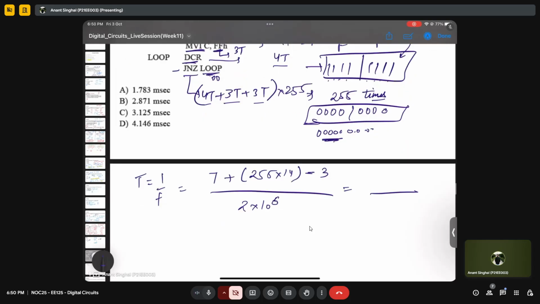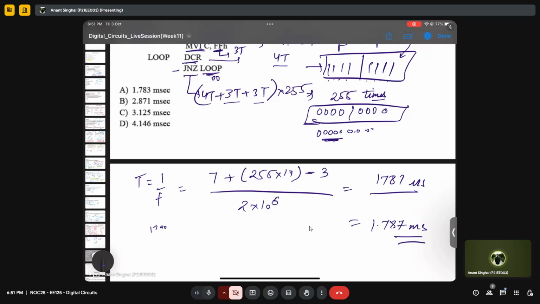Let me calculate this. So this is 255 times 14, which is something like 1790 minus 3. Okay, so I'm getting something like 1787 microseconds, which is 1.787 milliseconds.